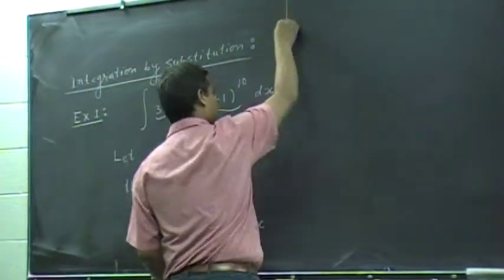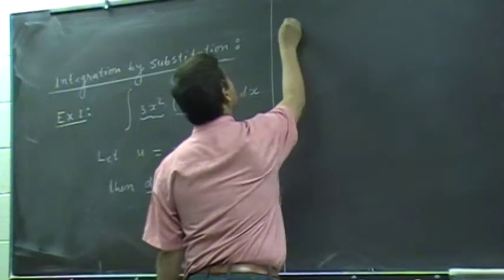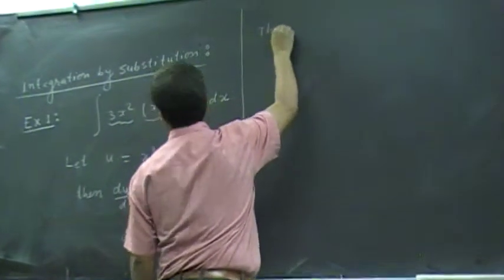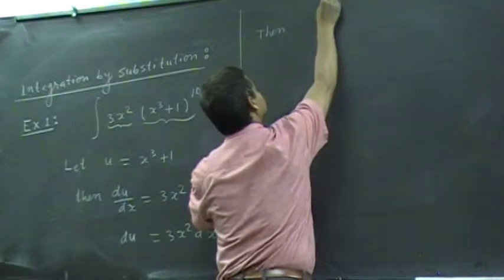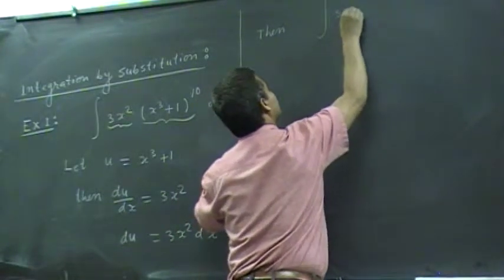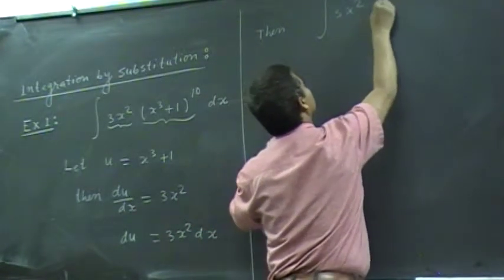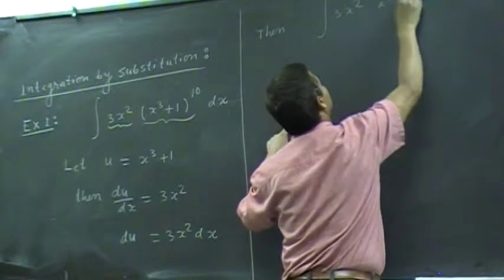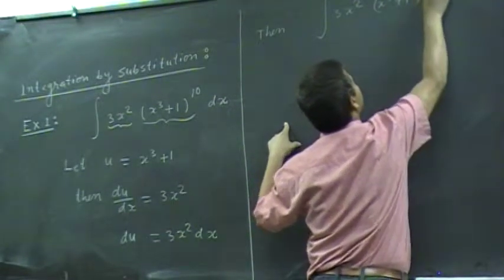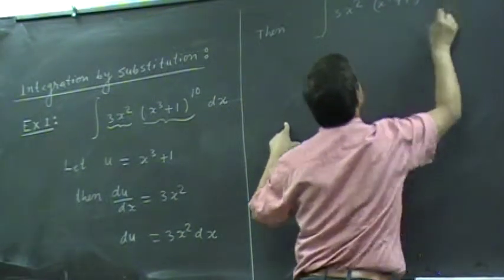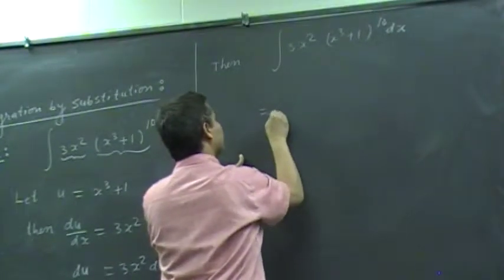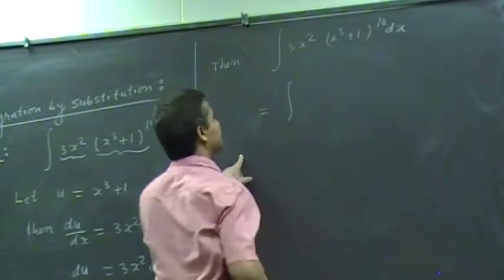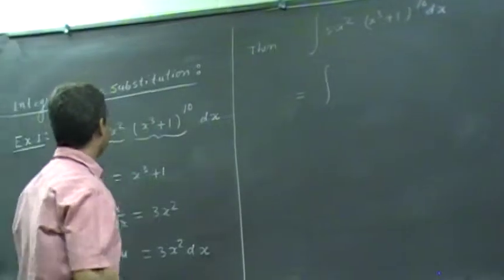Then let me write the original expression, that is 3x squared times (x cubed plus 1) to the 10 dx. That will be in terms of u.